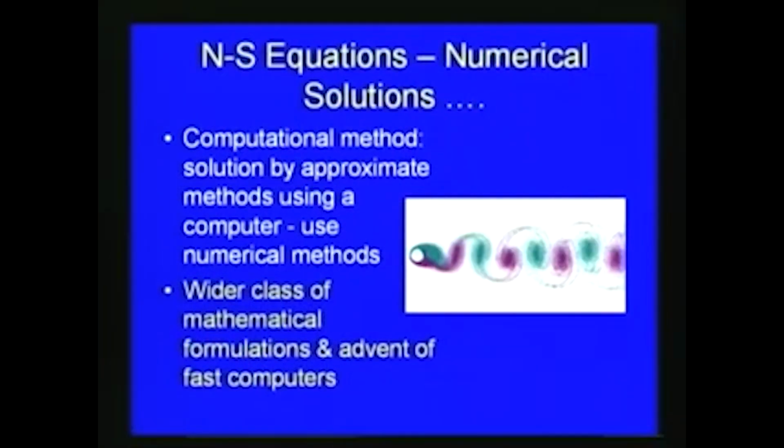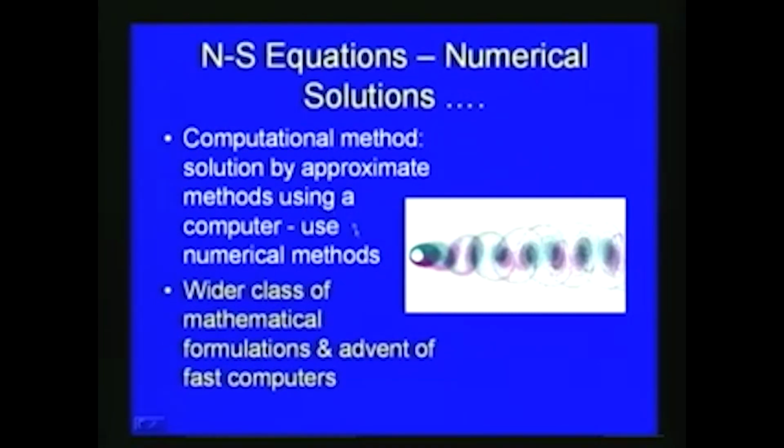As we are trying to solve the complete Navier-Stokes equations this way, using numerical methods, these numerical solutions can be applied to most field problems. This is a computational method, a solution by approximate method, so it may not be 100% right.